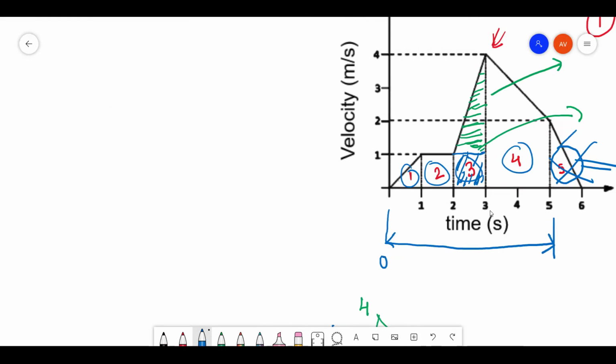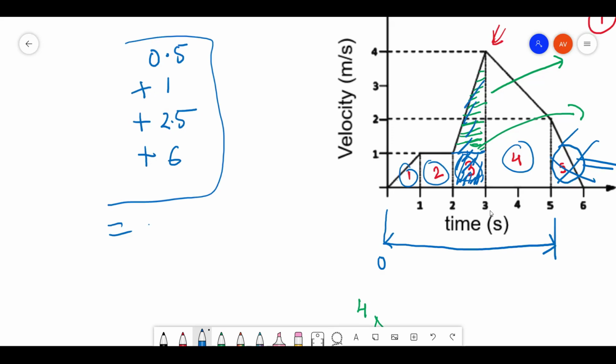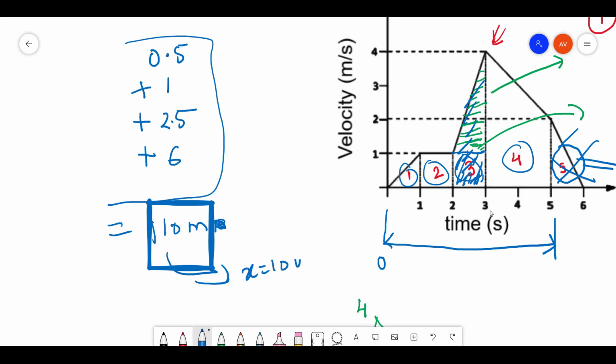For the first section we got 0.5, plus the second section 1, plus the third section, that is the whole thing, not just the triangle, 2.5, plus the fourth section, which is 6. When you add all this, what you get is 10 meter. So this is your final answer, the distance covered. Let's say the total distance covered is 10 meter.